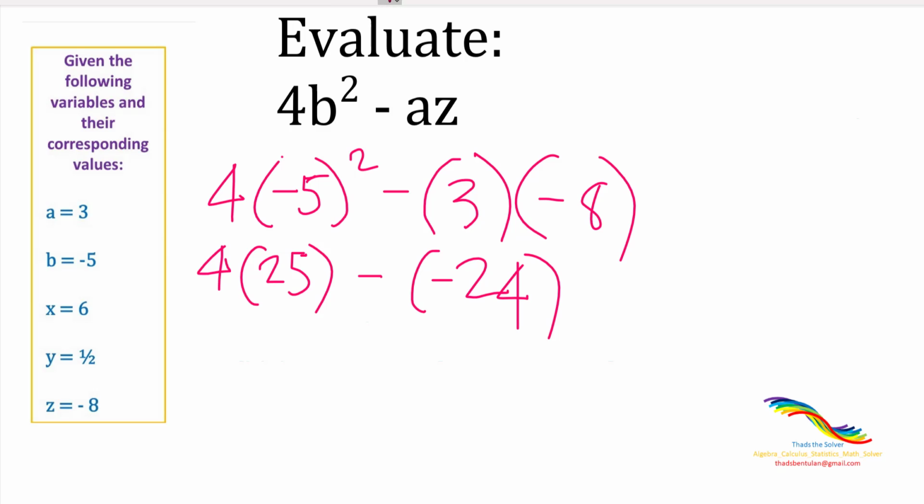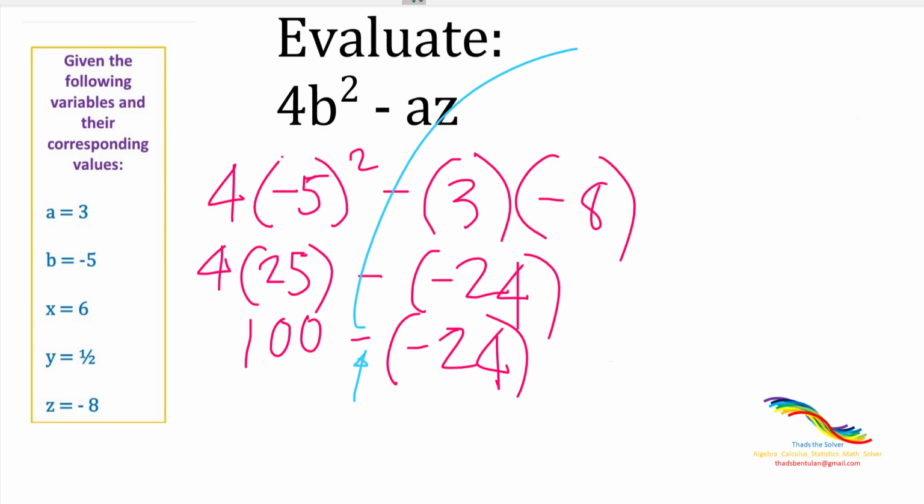So 4 times 25 is 100 minus negative 24, and you have a subtraction now. What do you do with the subtraction?